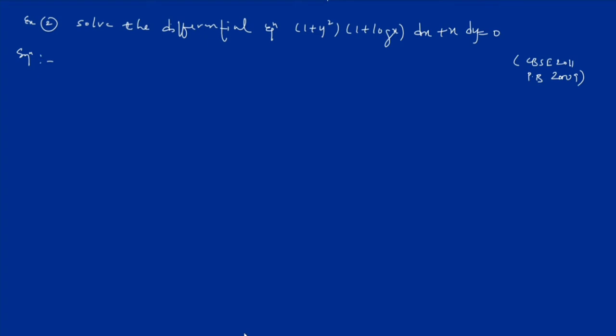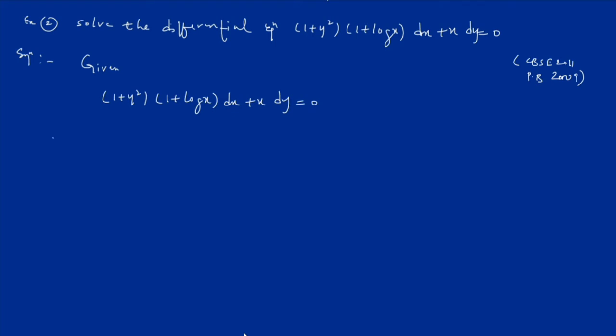The given equation we can write once again. 1 plus y square into 1 plus log x into dx plus x into dy equals 0, right? So in the first step we have to do the variable separable. Just separate the x term on one side and the y term on the other side.